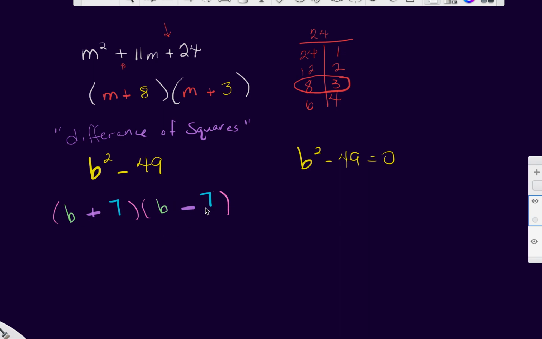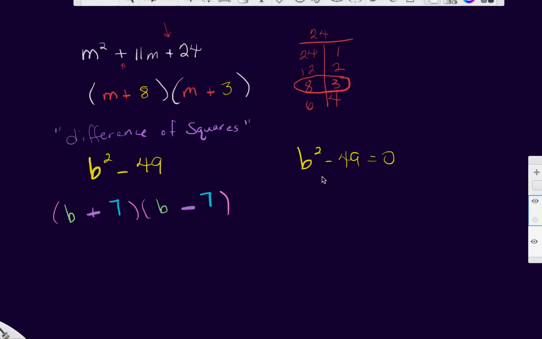And if I foiled this, which is what we're going to do last, you would see that my middle terms, 7b and negative 7b, would cancel each other out. And I promise I'll show you that. This is basically the same idea as this, but then solving each of them for 0.